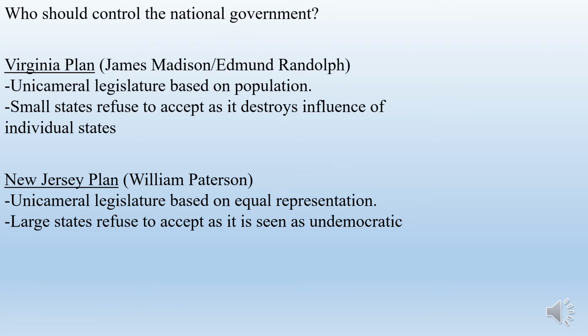During the Constitutional Convention in 1787, the question was asked, who should control the national government? Under the Articles of Confederation, there was a unicameral legislature, and the number of seats in the legislature was based on population, but each state had an equal number of votes.